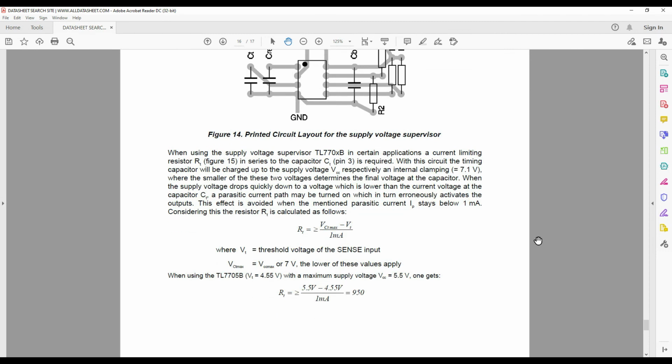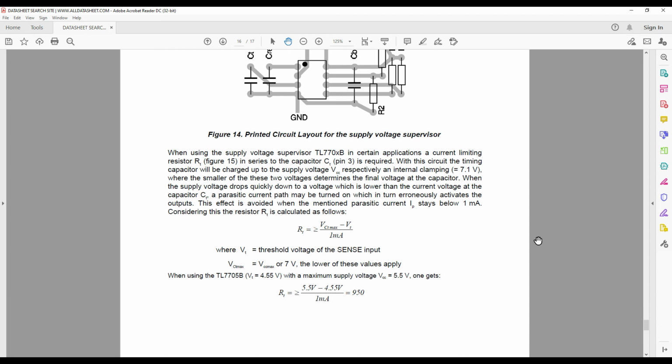When using the Supply Voltage Supervisor TL7705B, in certain applications a current limiting resistor in series with the capacitor is required. With this circuit, the timing capacitor will be charged up to the supply voltage VCC or the internal clamping voltage of 7.1 volts, where the smaller of these two voltages determines the final voltage of the capacitor.